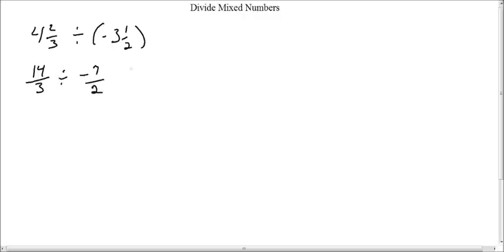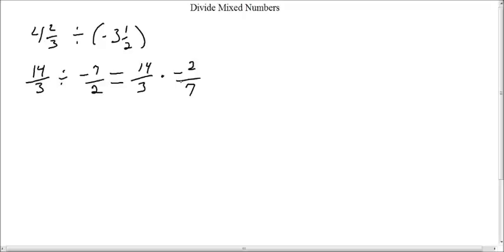Now we must follow the rules, which is take the multiplicative inverse of the second number. So this will give us again 14 over 3 times the multiplicative inverse here would be a -2 over 7.